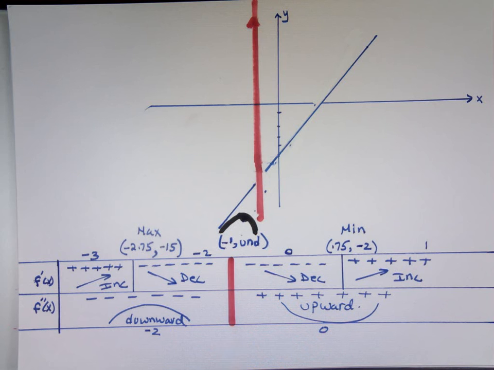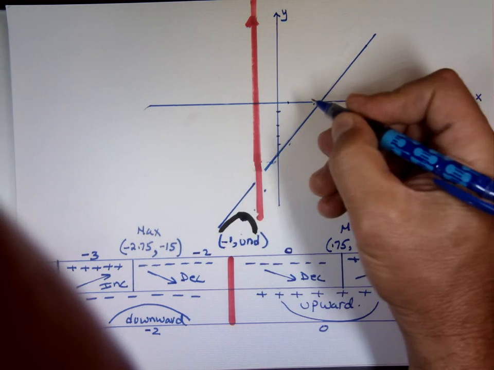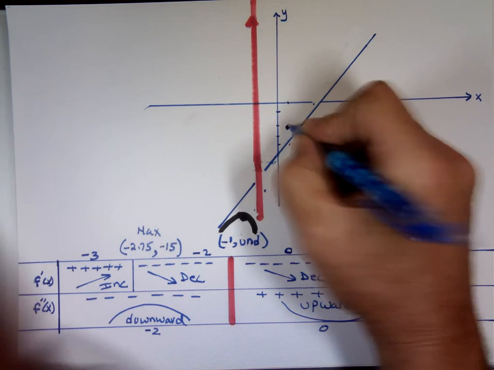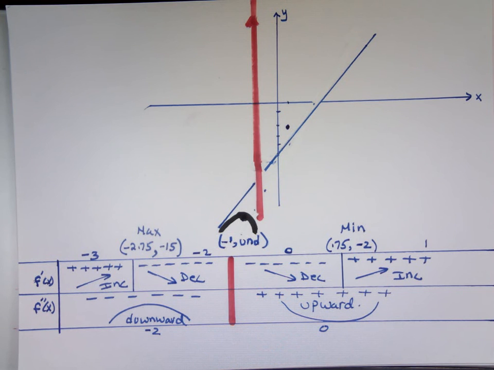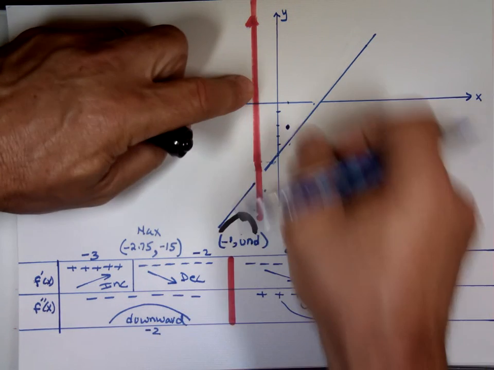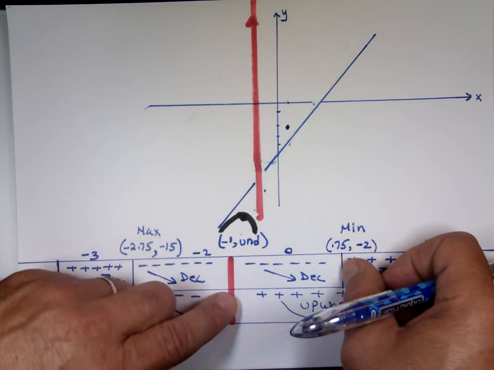The next value is right here. From the red line to the blue line, that's from the red line to this point. My function is decreasing concave upward.